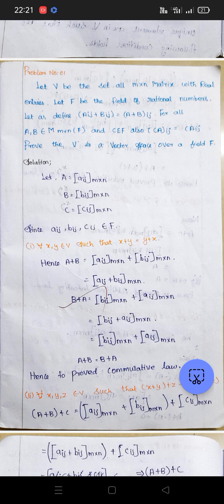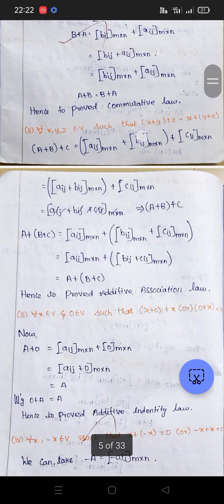So B plus A is equal to Bij of M cross N plus Aij of M cross N. So it means that A plus B is equal to B plus A. Hence proved the commutative law.